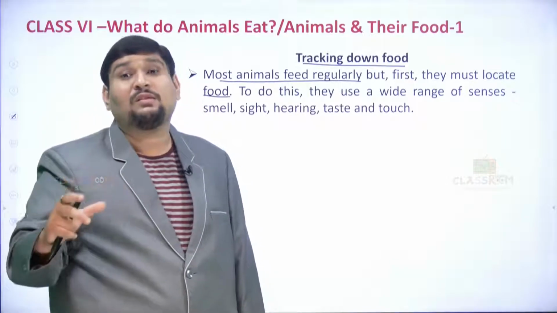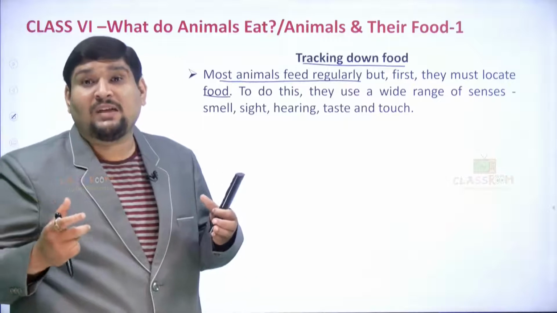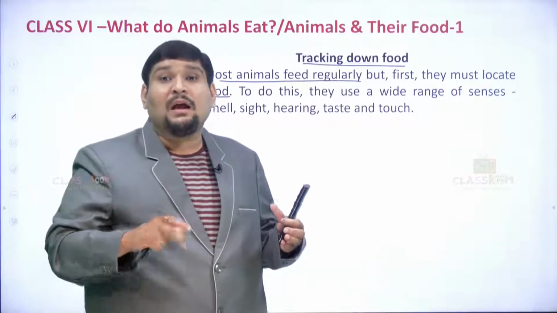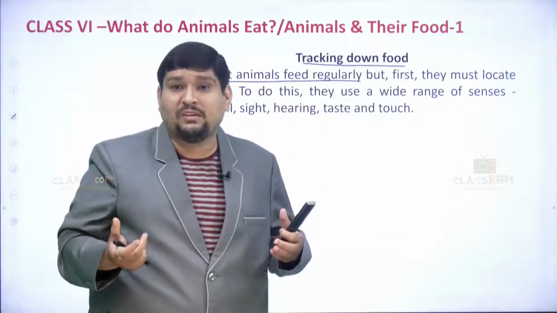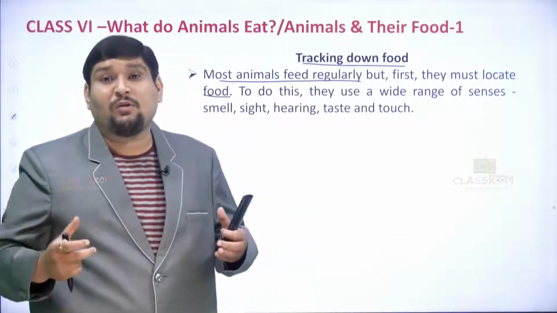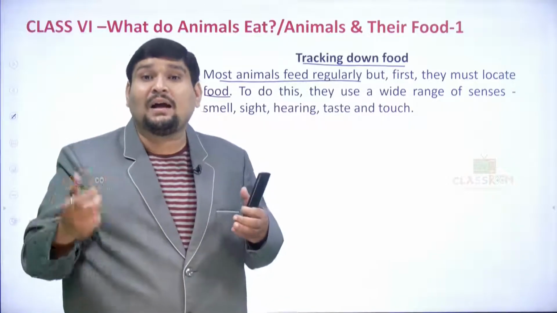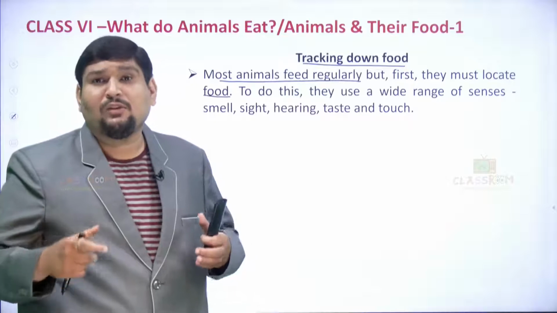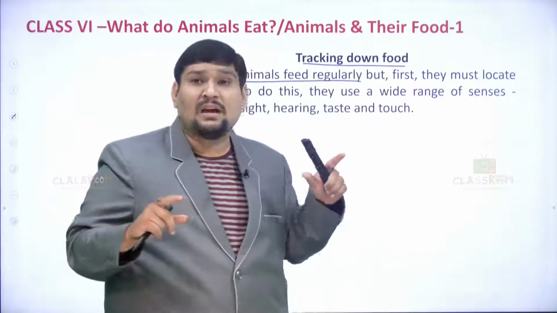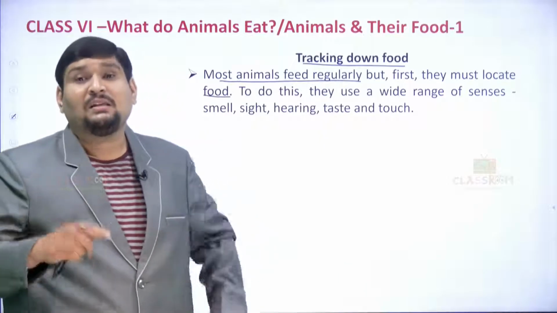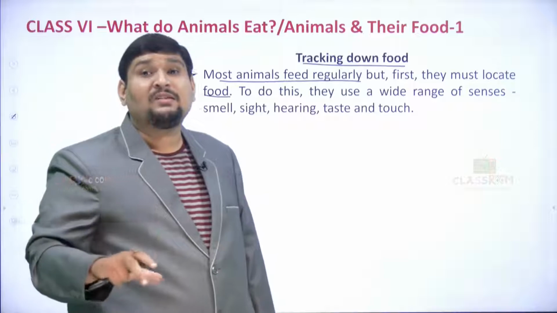A forest consists of a large number of varieties of trees and plants, and herbivores are found in large numbers there, because they like eating grass and plant products. So these animals keep searching for food.